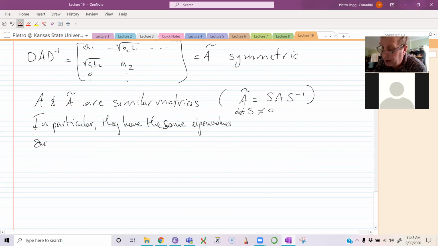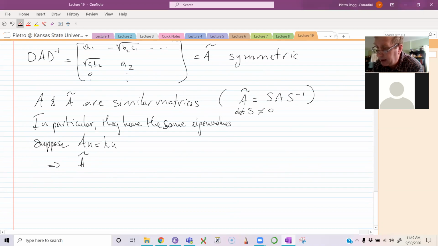So suppose that AU is lambda U. Then A tilde is SA, let's use S here, or we can use D, it doesn't matter. Let's use D.